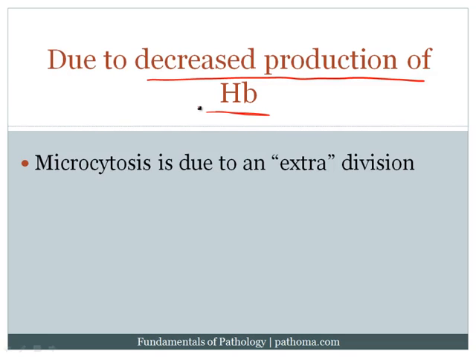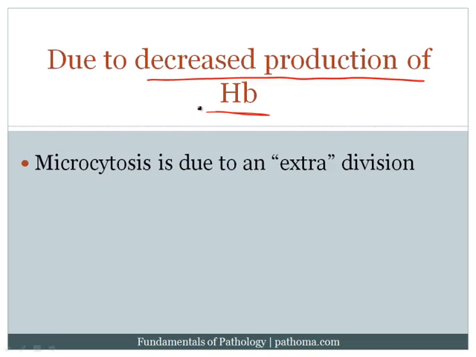Now, as the red blood cells are developing, if there is not enough hemoglobin, one way by which the red blood cells can try to maintain the concentration of hemoglobin within the red blood cell would be to divide one extra time. Another way to think about this is that it is as if the red blood cell is trying to produce a nice, pretty, red-pink cell. And if there is not enough hemoglobin, there will not be enough pink in the cell, and so the red blood cell will divide one extra time in order to try to maintain its color, i.e. the concentration of hemoglobin.